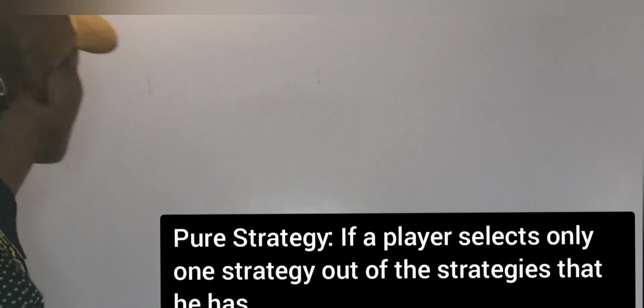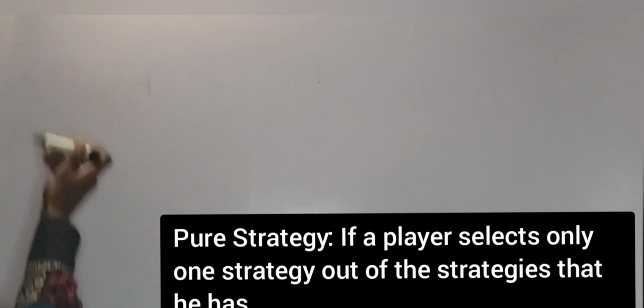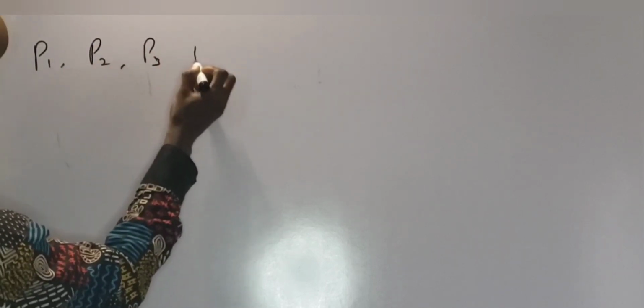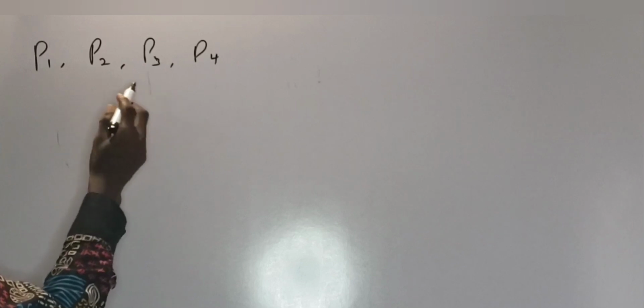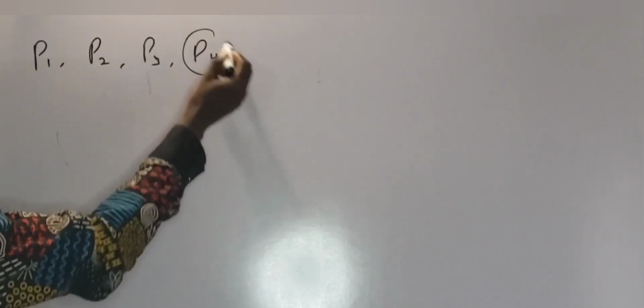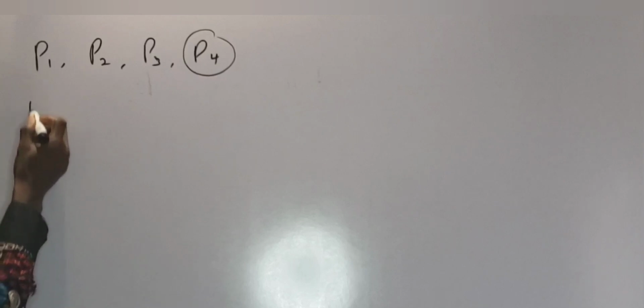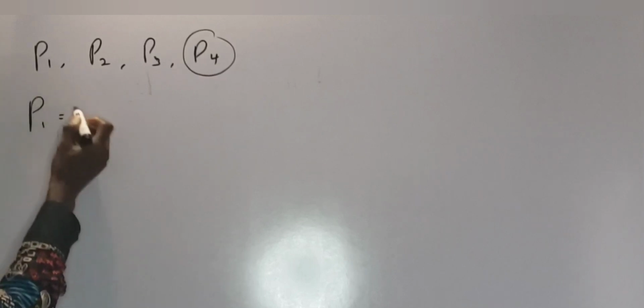Let's say a player has the following strategies, maybe P1, P2, P3, and P4, and then the player selects only one strategy. Let's say the player selects strategy 4. In that case, the probability of strategy 1 will be what? 0.